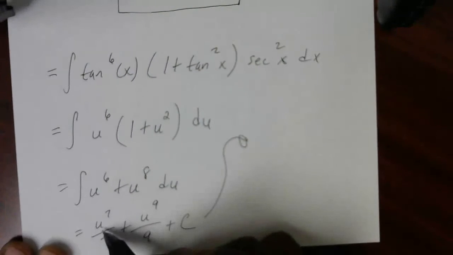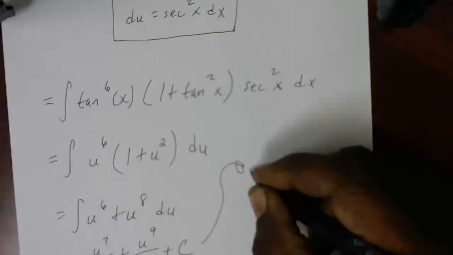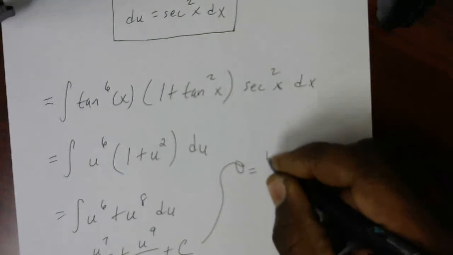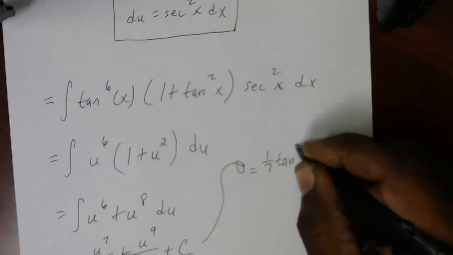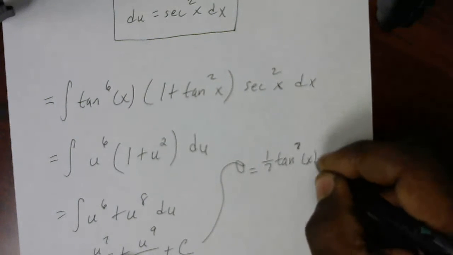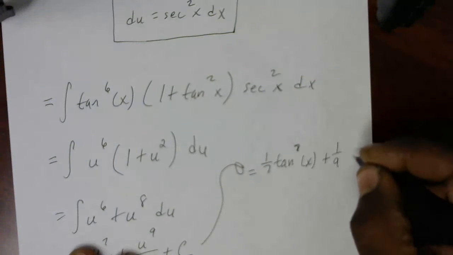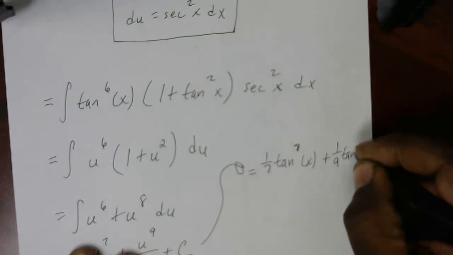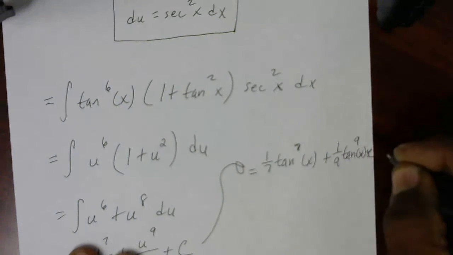Right, and then if we back substitute u for tangent, we have 1/7 tangent to the 7th power x plus 1/9 tangent to the 9th power x plus c.